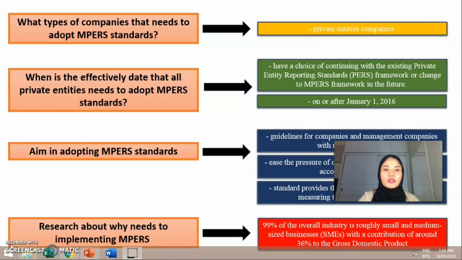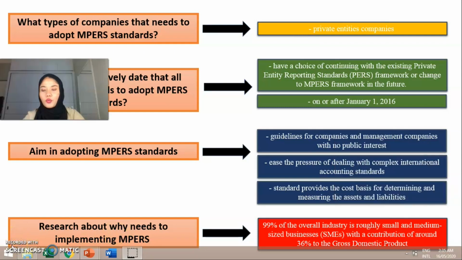They have a choice of continuing with the existing PERS framework or changing to the MPERS framework in the future. On or after January 1st, 2016, they can adopt the MPERS standard. Next is what is the aim in adopting the MPERS standard? First is guidelines for companies and management companies with no public interest.